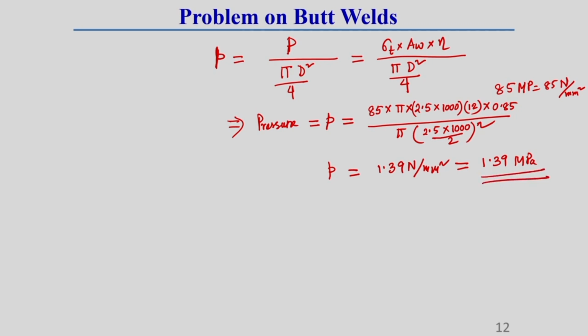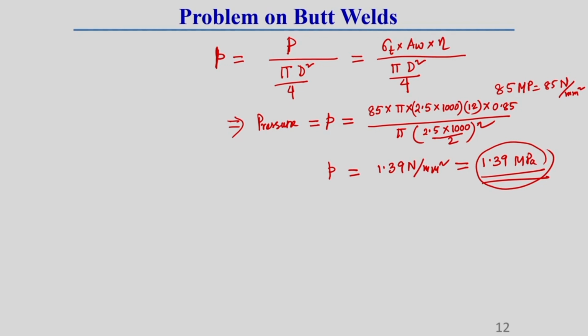This you should keep in mind. So, for designing this cylinder, once you manufacture it based on this thickness and this weld material permissible tensile stress, the cylinder internal pressure should not exceed 1.39 MPa. If it is more than this, then there is a chance of failure of that cylinder.